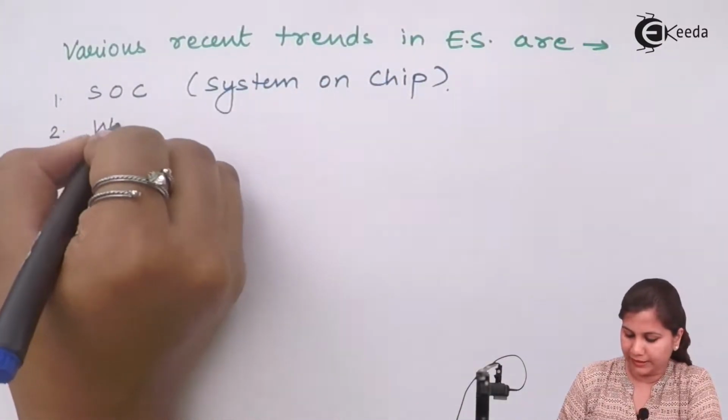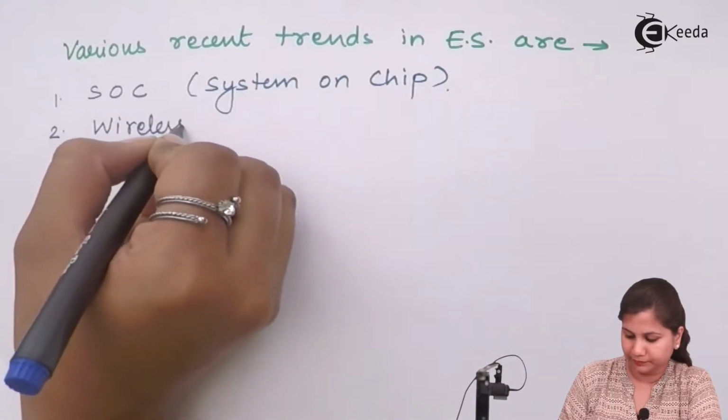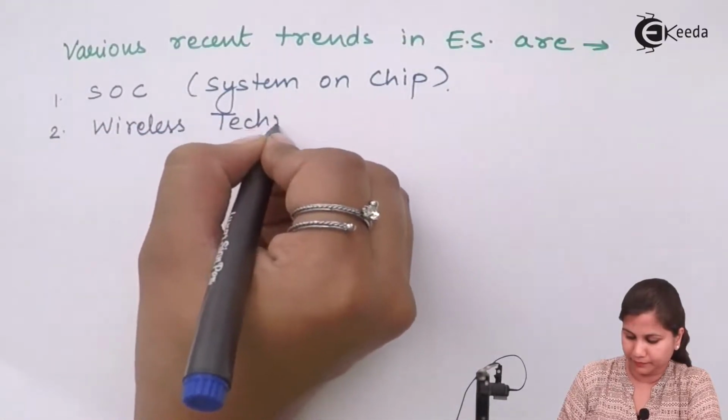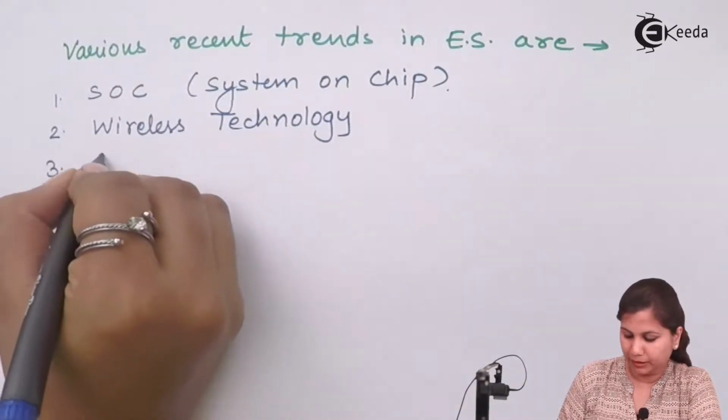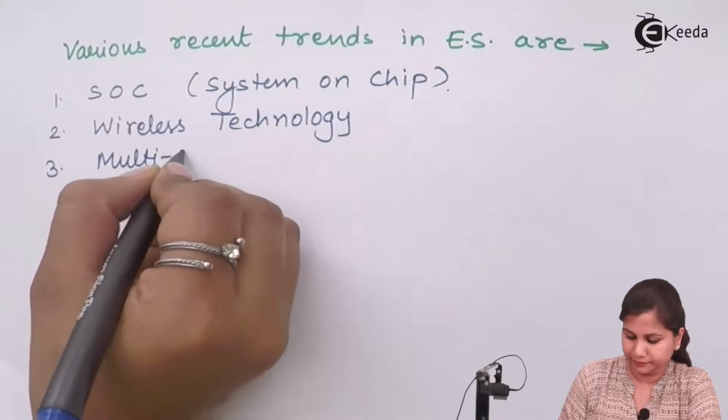Second is wireless technology. Third is multi-core processor.